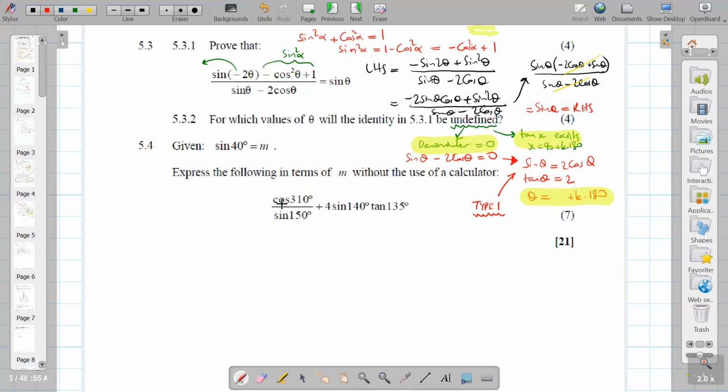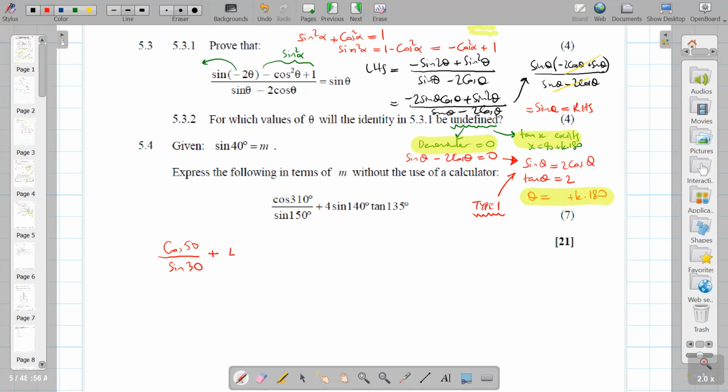Firstly, cosine 310 is what? 360 minus 50, so it's cosine 50, which is positive anyway. And then tangent 150 is second quadrant, 180 minus 30. It is tangent 30, sorry. Sine is positive, that's fine.